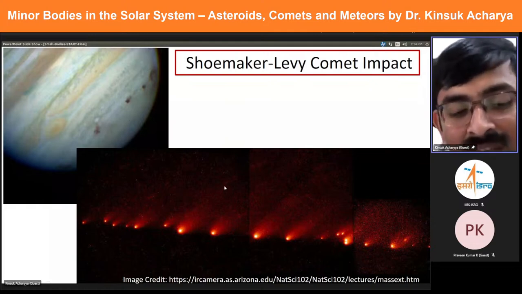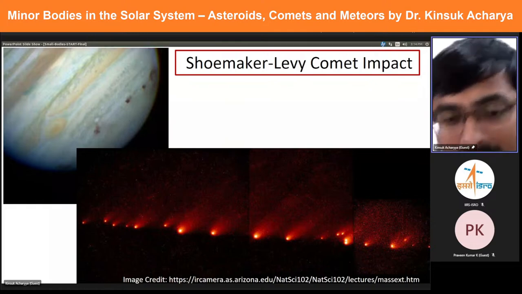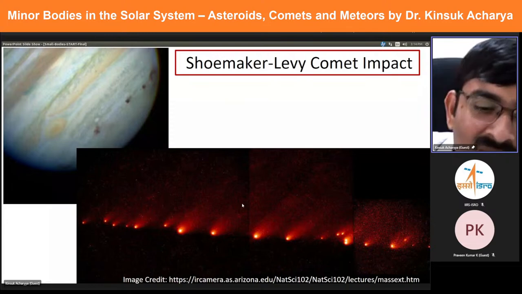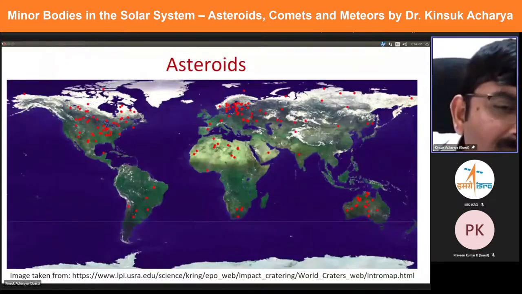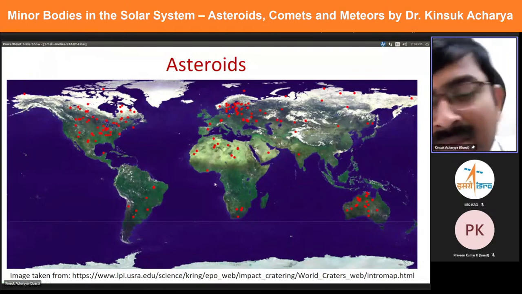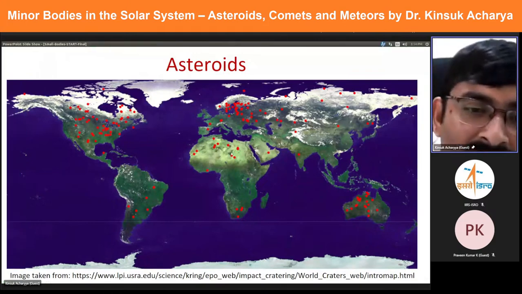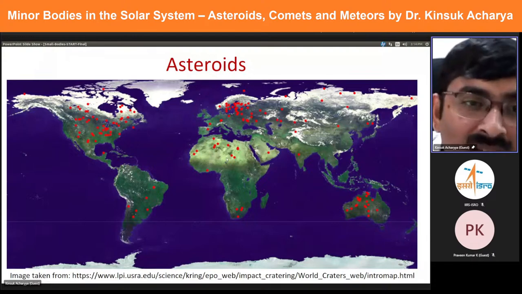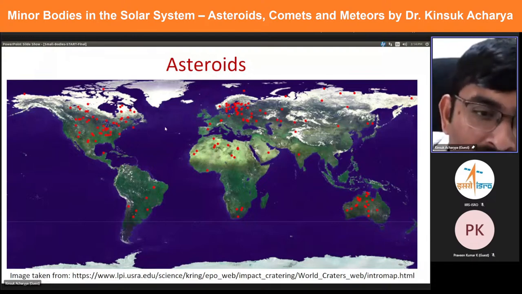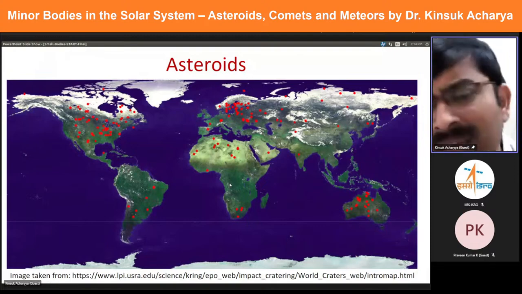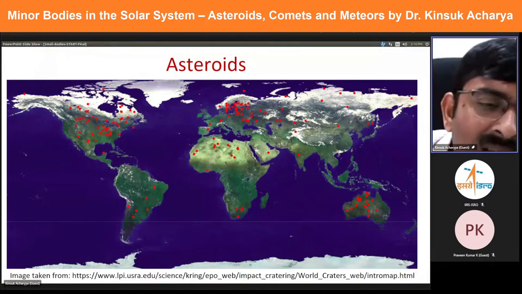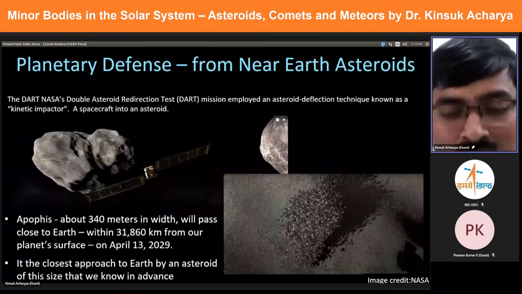So now you can understand if such an object hit Earth, it can bring a very catastrophic destruction on the Earth. If you look at many places on Earth, we can identify regions where in the past asteroids made big impact craters. So these are some objects, the near Earth asteroids, which we should take care of.